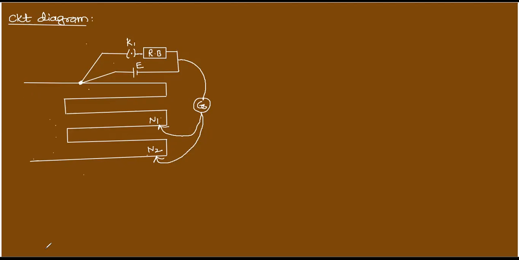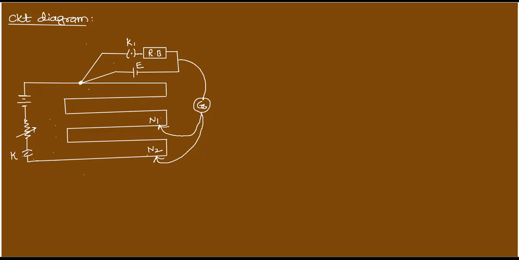And this side same thing as usual, battery, then rheostat, and then one small key. This is the primary circuit. Here it is a battery. Then here as usual a resistance, that is a rheostat, variable resistance, and here is a key.